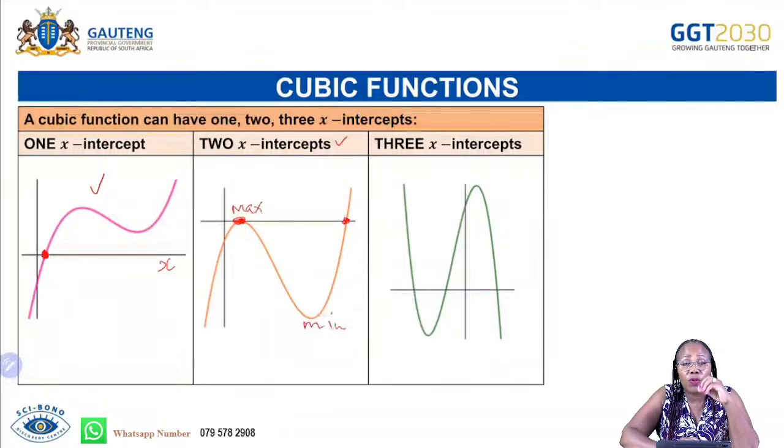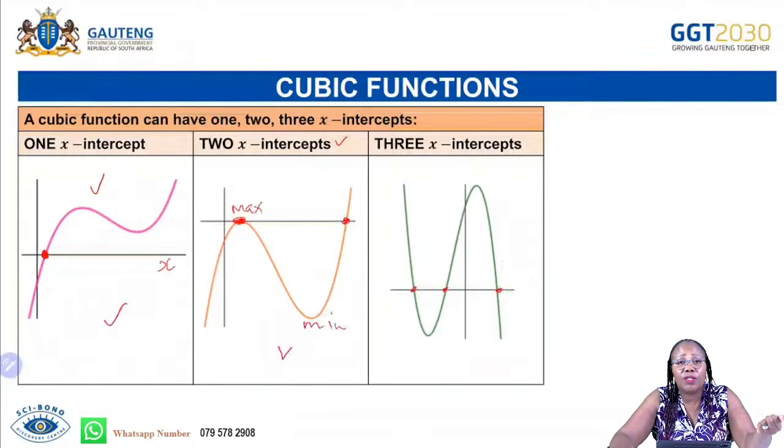So now we will also look at what is causing this to have only one x-intercept, and what is causing that to have only two, whereas we are expecting it to have three x-intercepts because it is an x to the power 3 function. So this is the basic one where you have all three x-intercepts. So these are the possible x-intercepts that you can get on the cubic function.